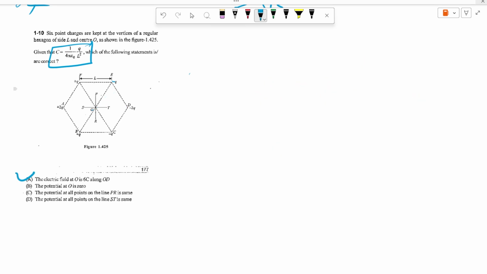A is correct because of the fact that all these charges are going to cancel out each other's potential. They are totally opposite to each other. So yes, this is correct. The potential at all points on the line PR is same. Okay. We just have to calculate the potential at the line PR essentially. So first of all, potential is a scalar quantity.